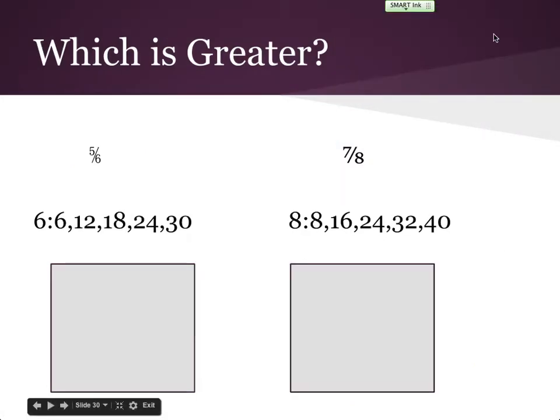Okay, so the other way that we could look at this is we could find a common denominator, and I know that you did this with Mr. Winslow the other day. So what you want to do is take the denominator and find the multiples of 6, and then find the multiples of 8.